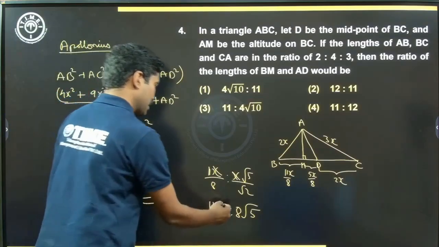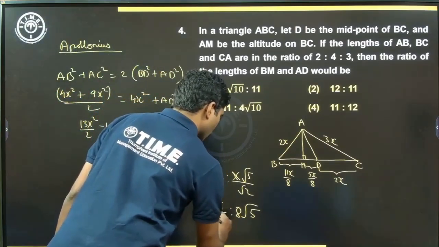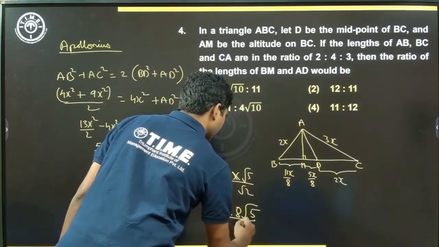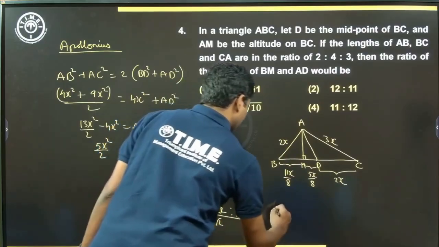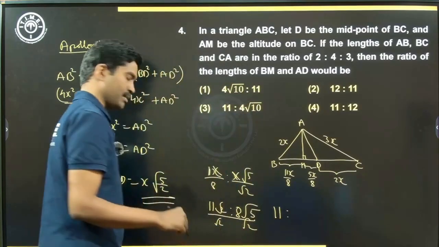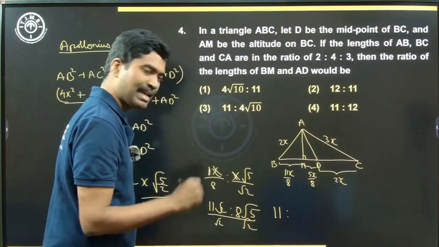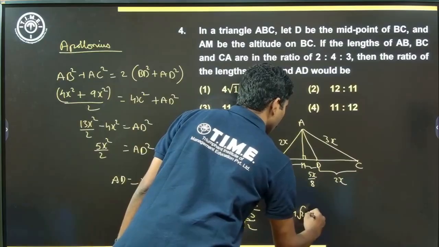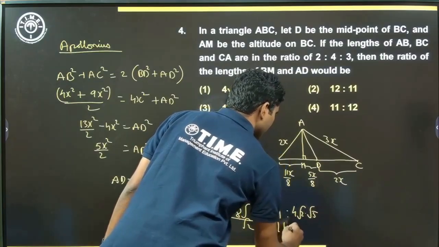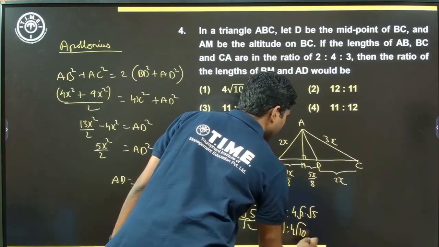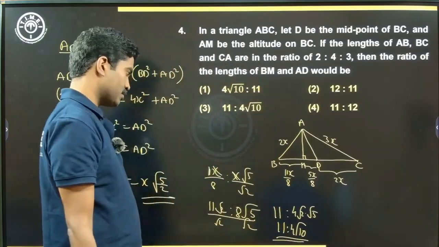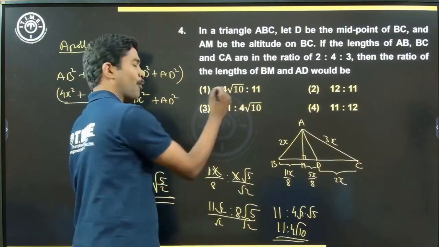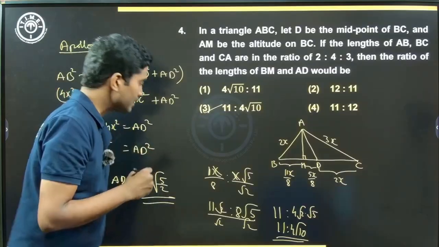We can just divide this whole thing. This root 2 we can cancel. Divide this by root 2. Divide this by root 2. What do we have? 11 is to 8 by root 2. 8 I can write it as 4 into root 2 into root 2. 4 into root 2 into root 5, which is 11 is to 4 root 10. So 11 is to 4 root 10. That would be option 3, our answer, right?